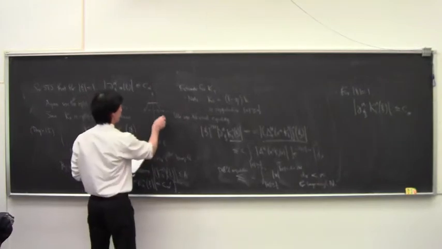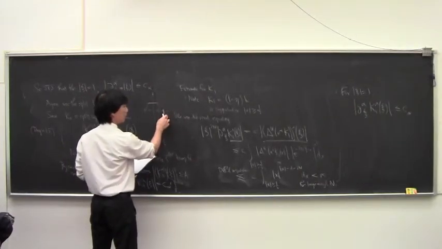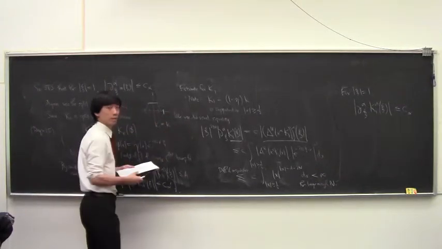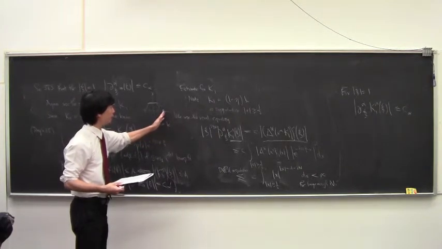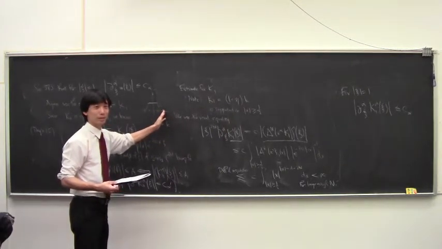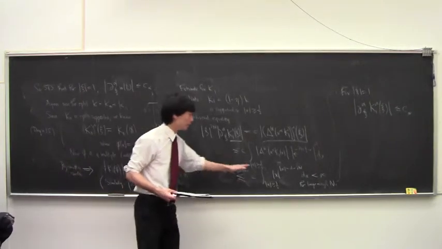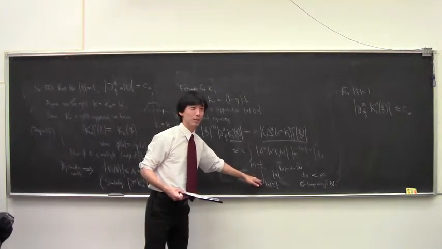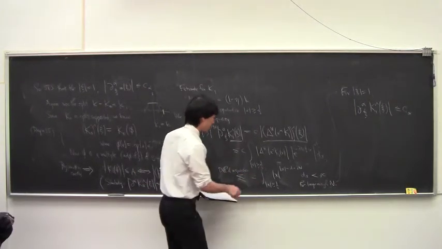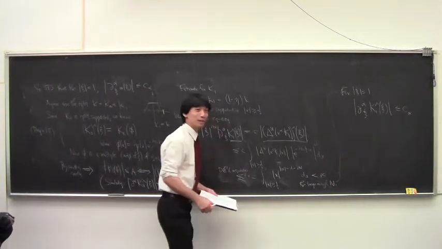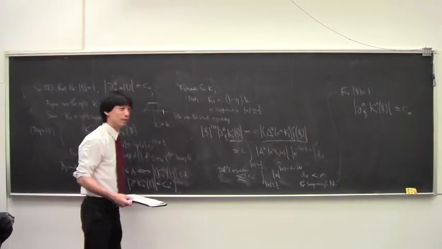So outside of the unit ball, k1 actually is k. But between 1/2 and 1, it's not equal to k. But that's only going to contribute some small constant anyway. So maybe plus c. It's still finite.